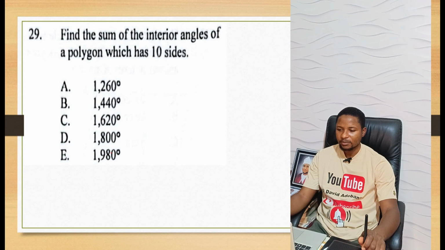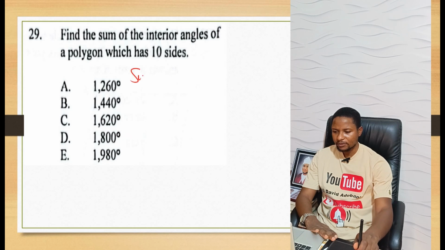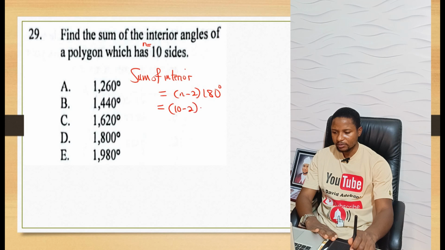29. Find the sum of the interior angles of a polygon which has 10 sides. The formula for the sum of interior angles is equal to n minus 2 times 180 degrees. So since n is equal to 10, you have 10 minus 2 times 180 degrees, and that will give you 8 times 180 degrees.